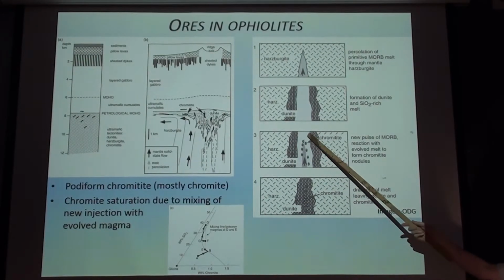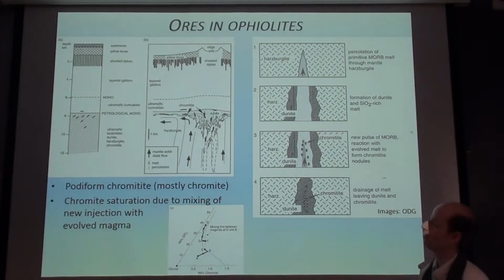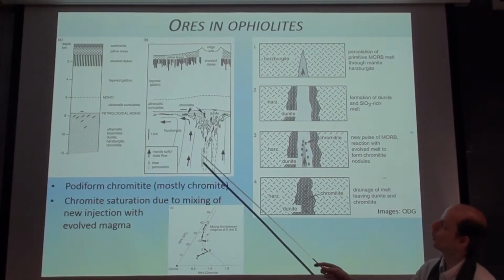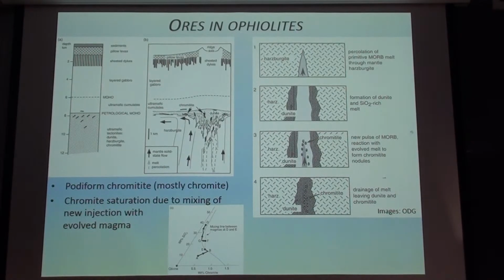Then we have the melt basically draining away or not, and leaving these chromitite layers in ultramafic rocks by this same principle that we saw before. And therefore we end up with chromitite pods in ophiolites.